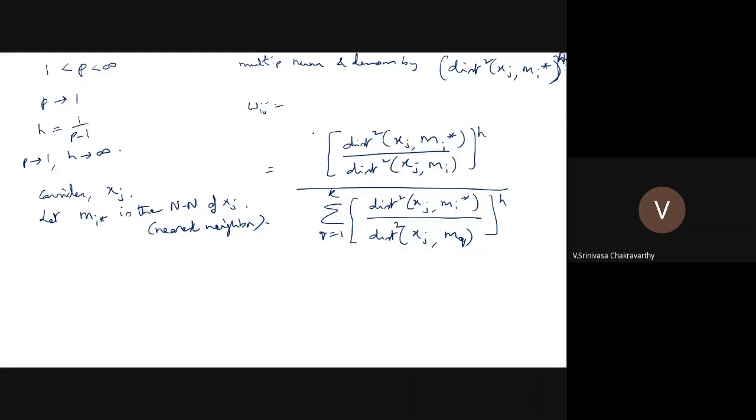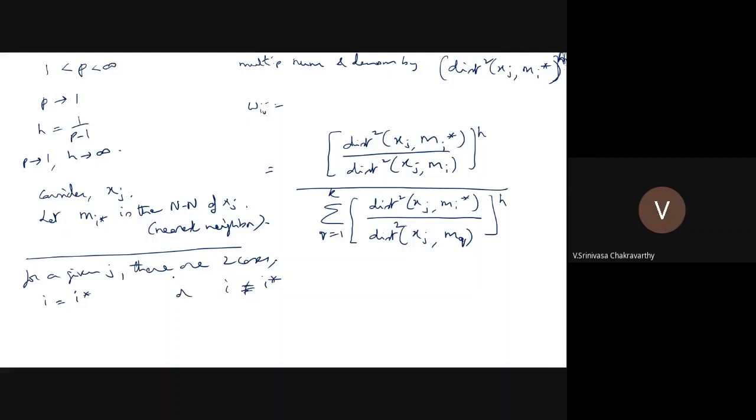For a given j, there are two cases: i is equal to i star, so the i that you're considering happens to be the nearest neighbor, or i is not equal to i star. Only two cases, right? Now what happens to the weightage if i is equal to i star, or i is not equal to i star?